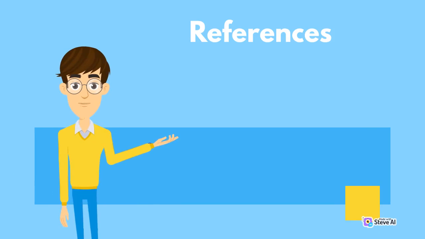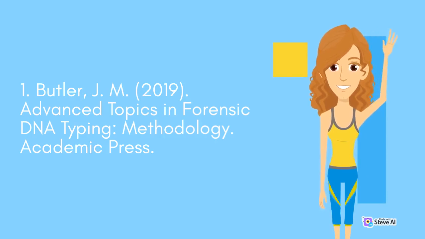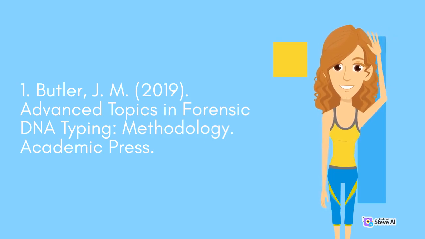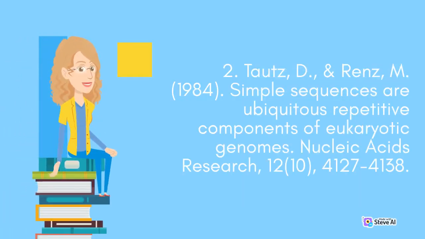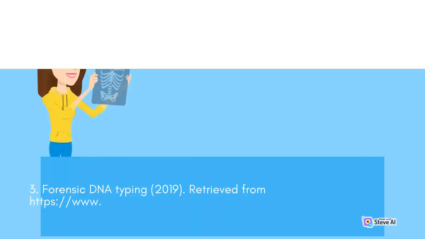References. 1. Butler, J. M. 2019. Advanced Topics in Forensic DNA Typing, Methodology. Academic Press. 2. Tautz, D. and Renz, M. 1984. Simple sequences are ubiquitous repetitive components of eukaryotic genomes. Nucleic Acids Research, 12(10), 4127 to 4138. 3.